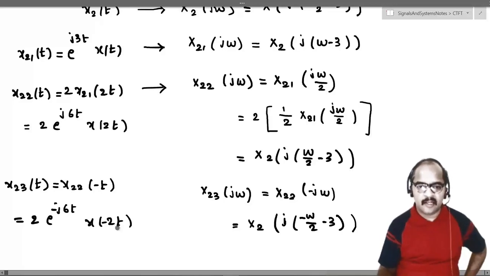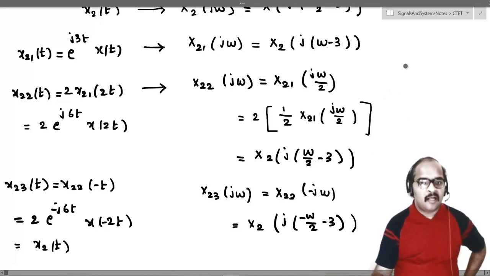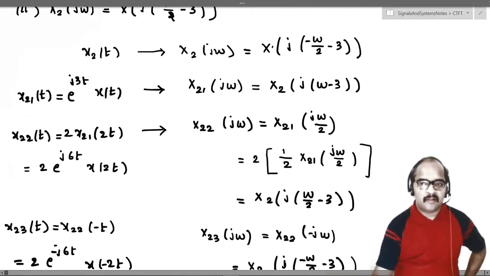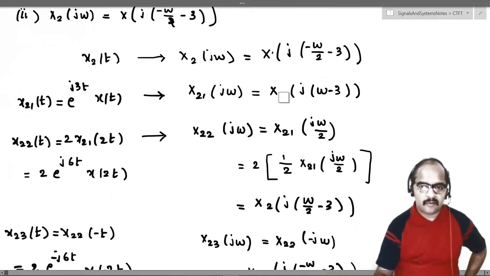So this signal is equal to how much, x2 of t, correct? Because the Fourier transform is this. Oh, I missed something. Yes, one second. So this is not x2, right? We have to talk about only x here. Sorry for that mistake.